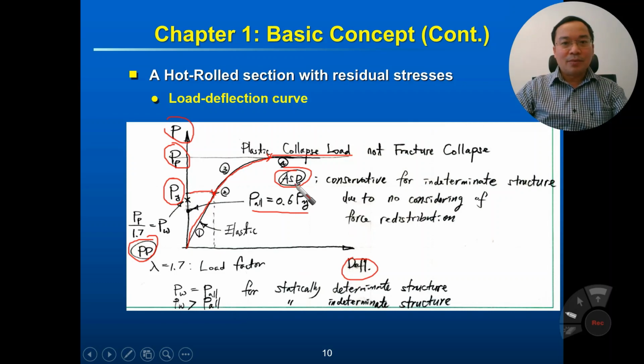So it means that in elastic design, it is conservative for an indeterminate structure due to not considering the force redistribution. Okay, so that is the force deflection curve of the hot roll.